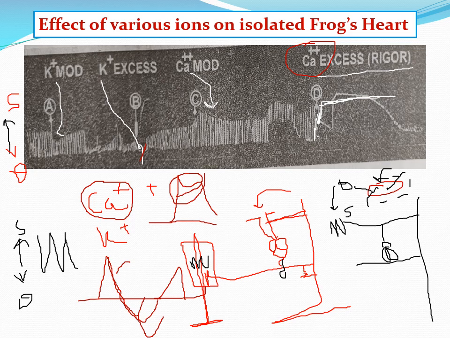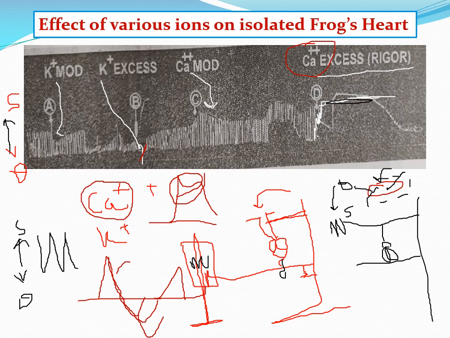If calcium ions increase inside and it is in excess, what will happen? This calcium causes contraction, and initially it helps increase the force of contraction, but if it becomes too much, what will happen? The heart stops in systole.